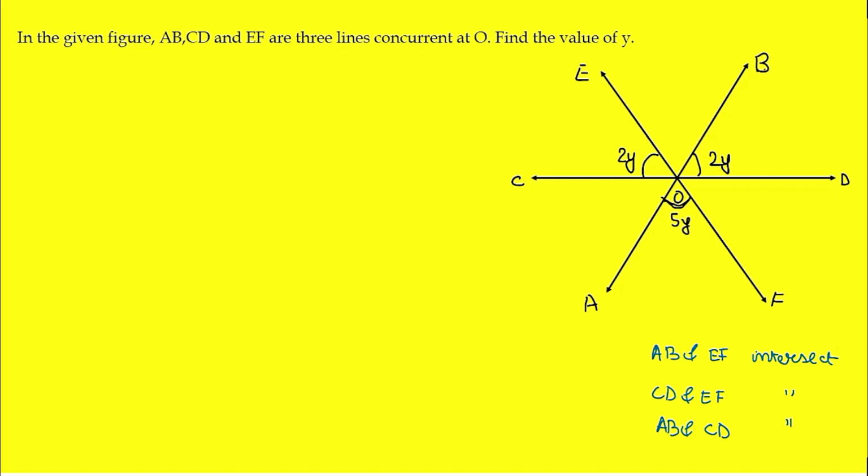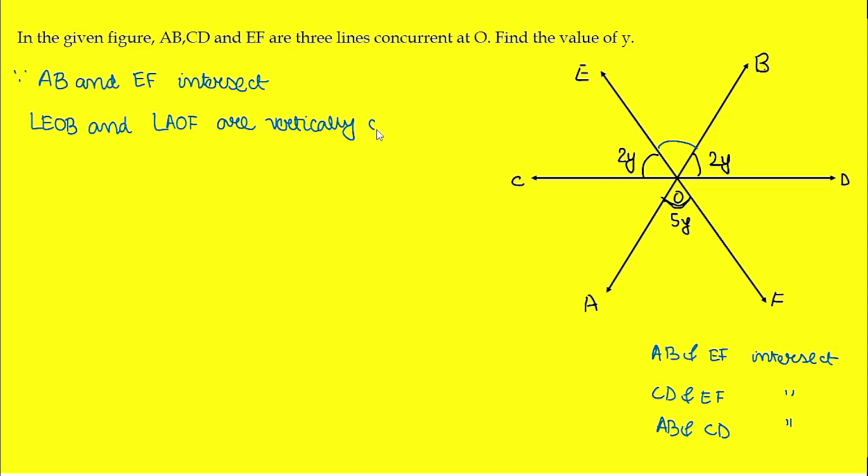Here you write down, since AB and EF intersect, we can say that angle EOB and angle AOF are vertically opposite angles, right? So vertically opposite angles are always equal.